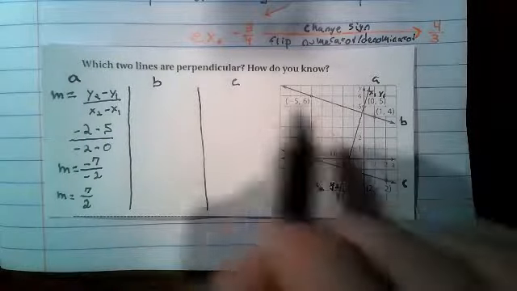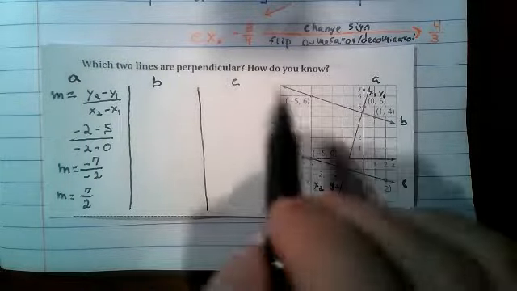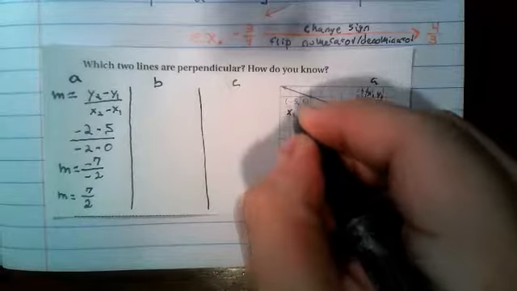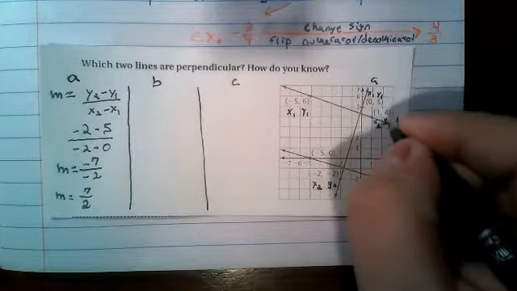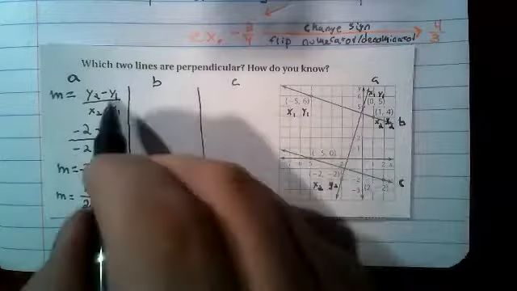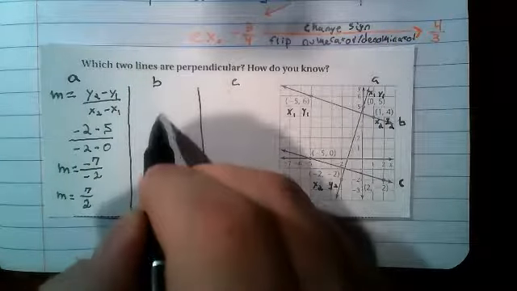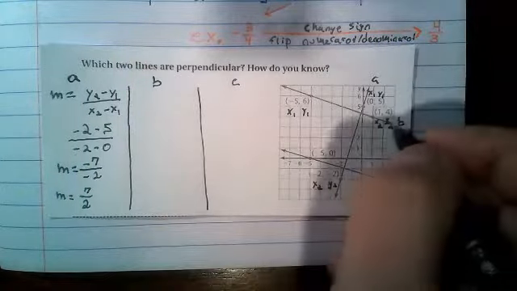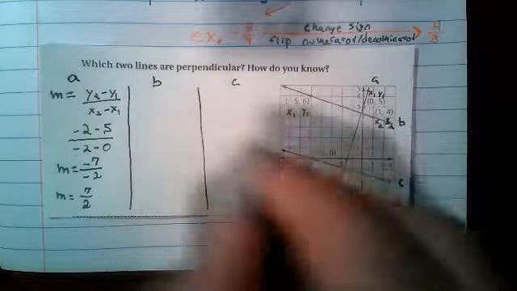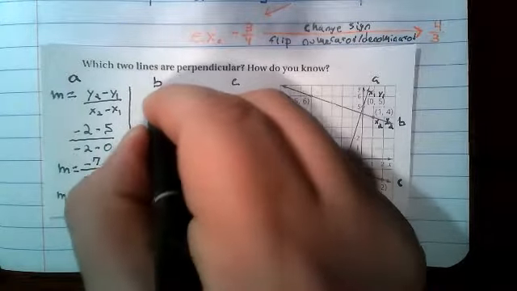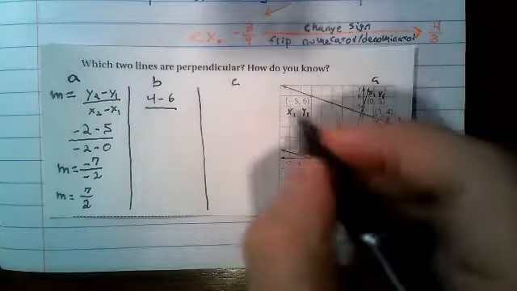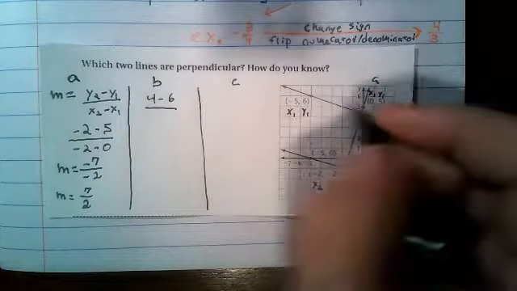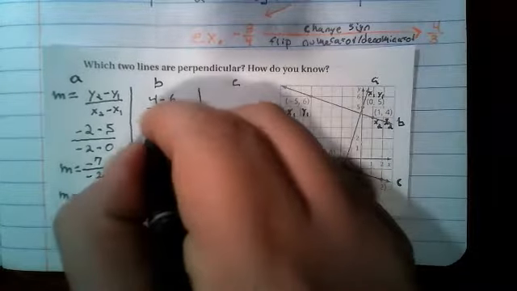We're going to do line B. So I've got my x1, y1, x2, y2. And I have my slope formula here, so I'm not going to rewrite it. It's y2 minus y1. That's 4 minus 6 over x2 minus x1. That's 1 minus negative 5.